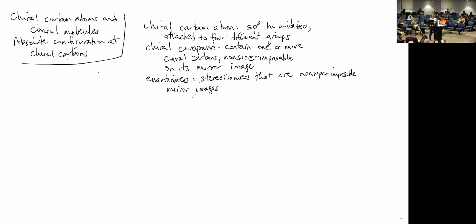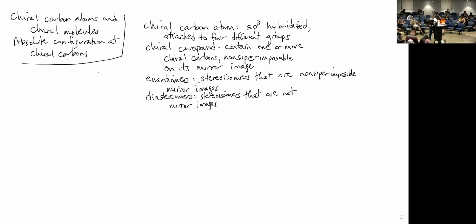There is another type that we're not going to talk about today. That will be more like either Wednesday or Friday. We get to these that are called diastereomers. And those are simply stereoisomers that are not mirror images. Not that they're not superimposable on the mirror images, but that they aren't mirror images at all to begin with.